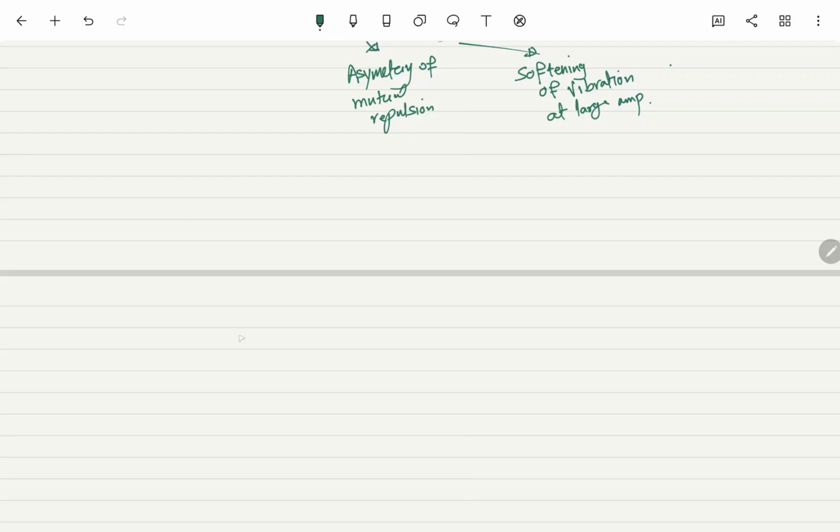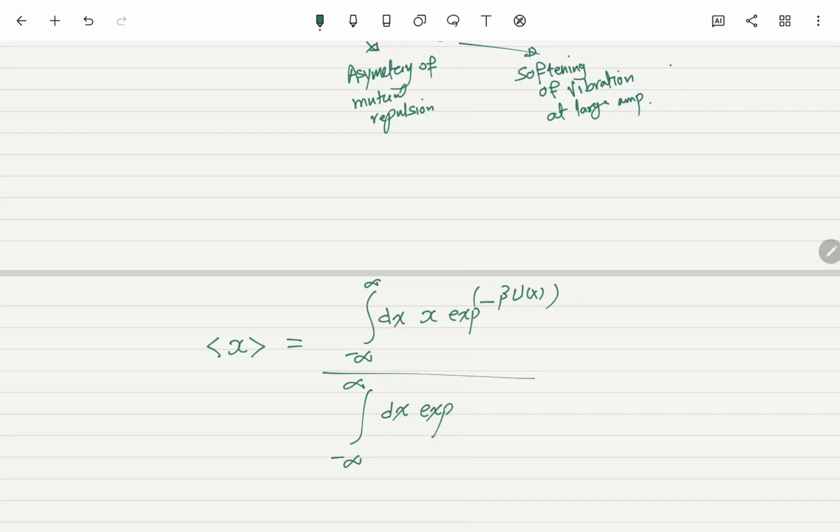In this case, the average x equals the integral from minus infinity to infinity of dx x exponential minus beta U of x, divided by the integral from minus infinity to infinity of dx exponential minus beta U of x.